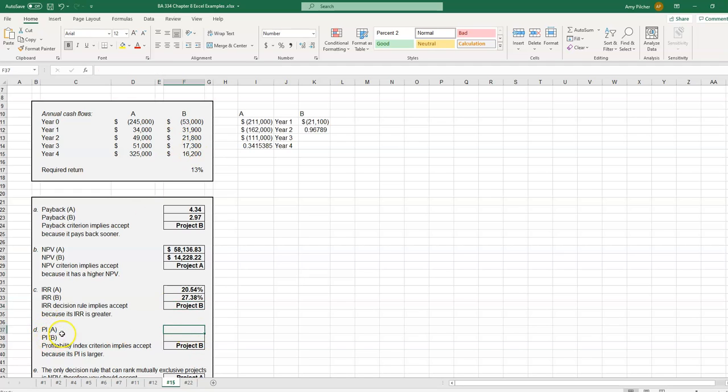And the profitability index. So for the profitability index, we need the present value of the cash flows divided by the absolute value of the initial cost. So we have the present value of the cash flows, divided by, and because our initial cost is a negative number and we need it to be a positive number, we're going to put a negative and then select our initial cost.